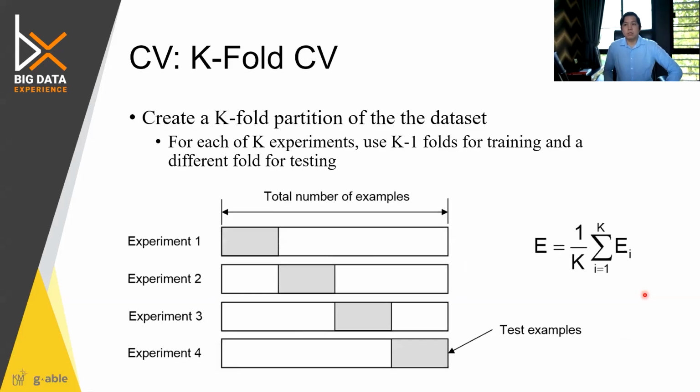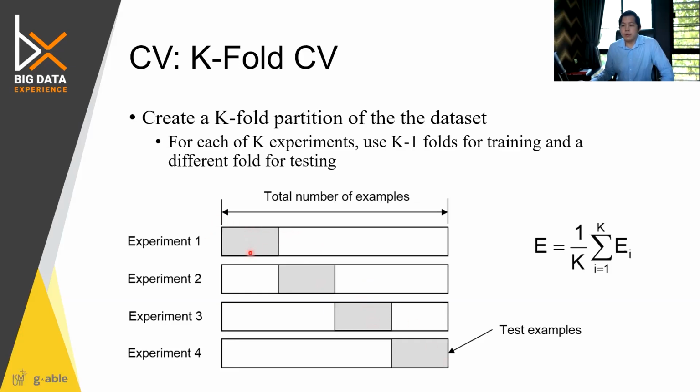Next, cross validation. The most widely used technique is called K-fold cross validation. The reason is that this is the simplest, I would say. You partition the whole data set into, let's say, 4 parts: 1, 2, 3, 4.